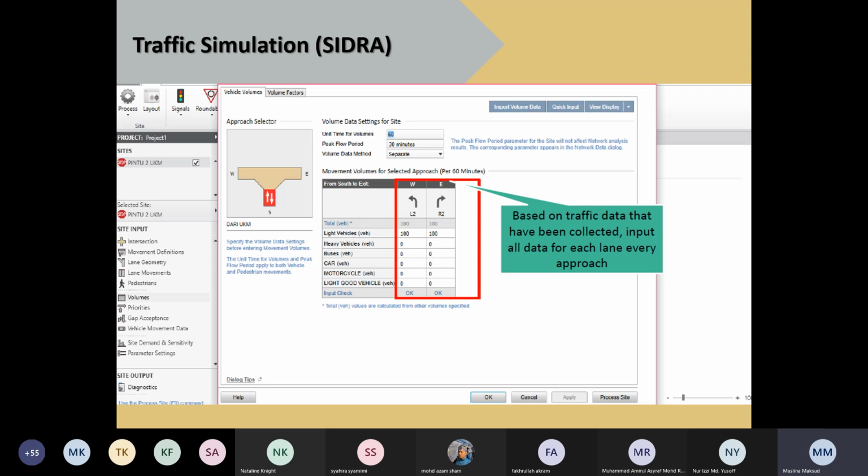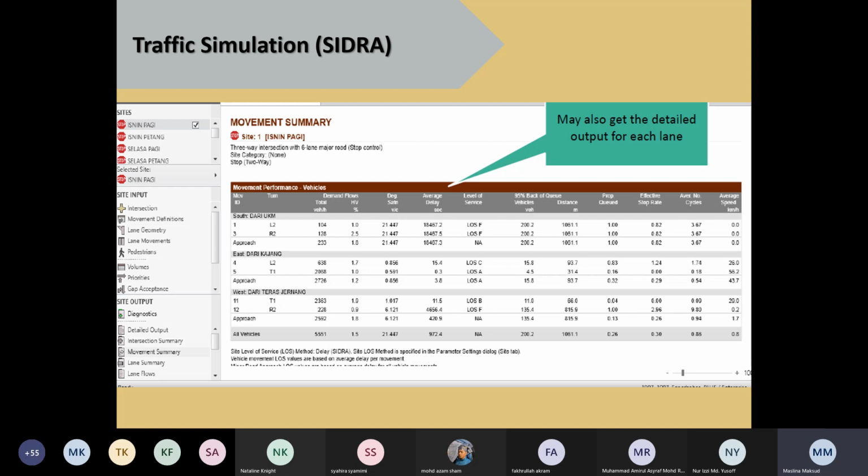After that you can run your Sidra for each junction, but you need to adjust your lane movement and the geometry of the road, and you will get this result after you run your Sidra. So this is the example of the result after you run your Sidra.